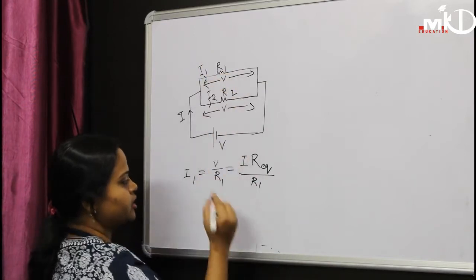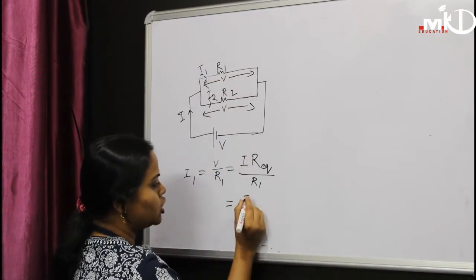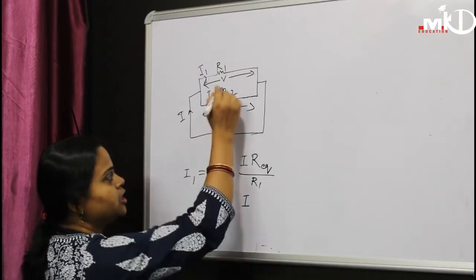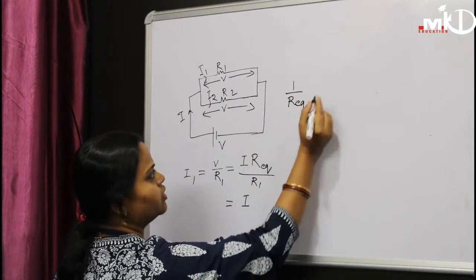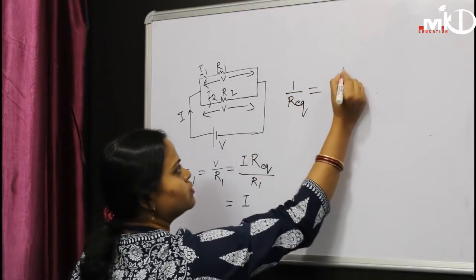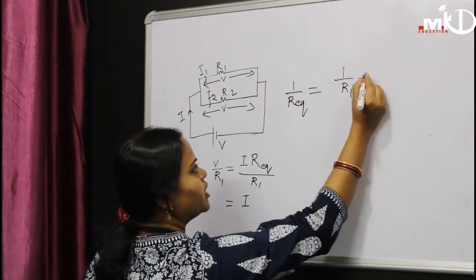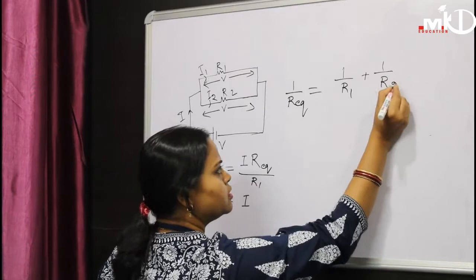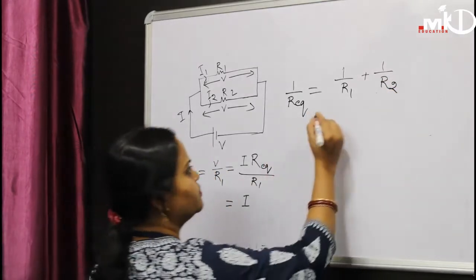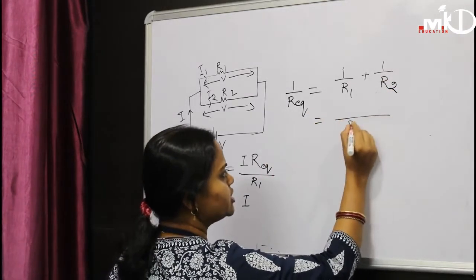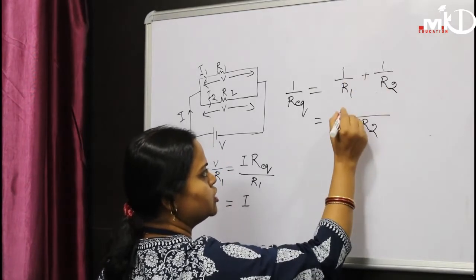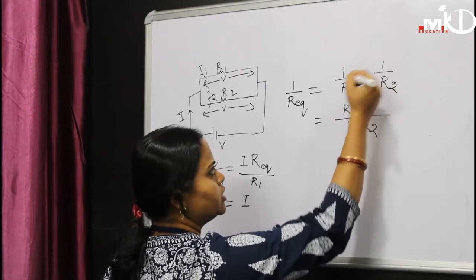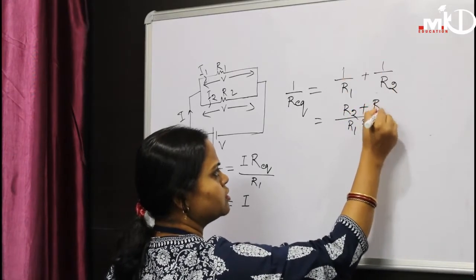This is a parallel circuit. So if we go for R equivalent of this parallel circuit, how much should it be? We know that 1 by R equivalent is equal to 1 by R1 plus 1 by R2. Taking the LCM, R1 into R2, here 1 into R2 is R2, 1 into R1 is R1.